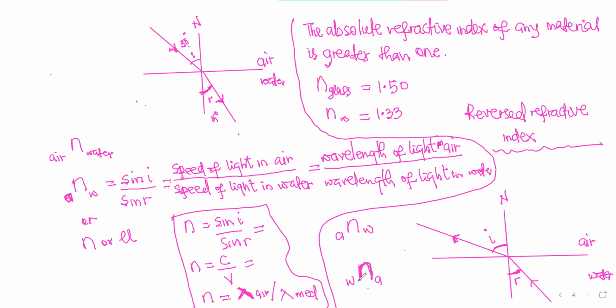But the moment you reverse it, it becomes reverse refractive index, which is now sine R over sine I, applying Snell's law. For absolute refractive index, this would have been sine I over sine R.